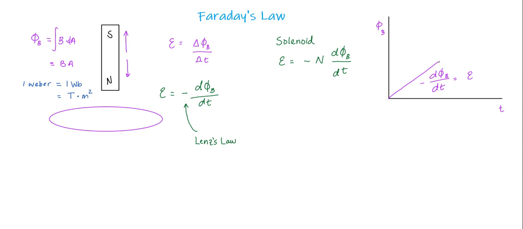Now if this graph flattened out or became constant, in this region right here, this is showing that there's no change in flux. And if there's no change in flux, then there is no EMF generated. So we can look at the different rates of change. If the rates of change are constantly changing, or perhaps if there's some sort of curve in the change, either way, finding the derivative of this function will give me the EMF function. We just have to always remember that we're going to flip this around.